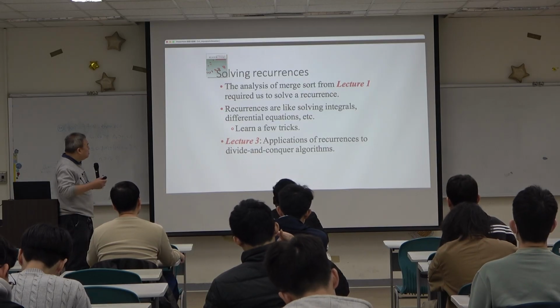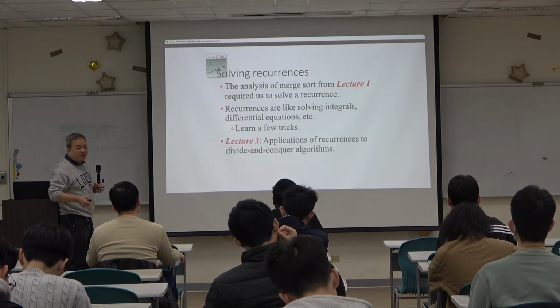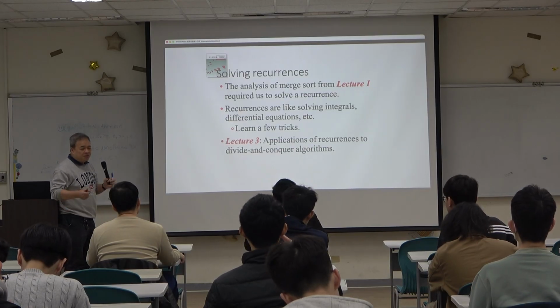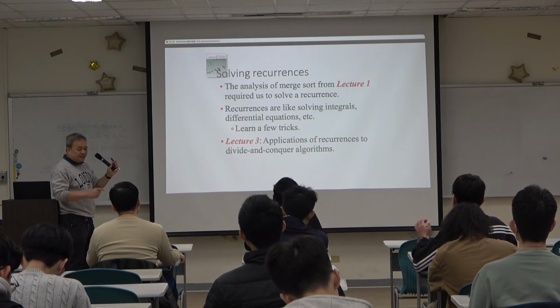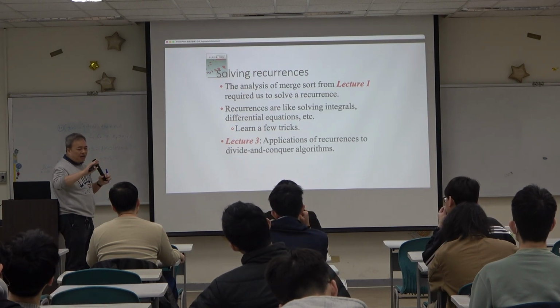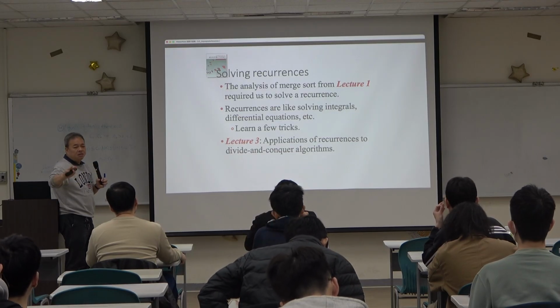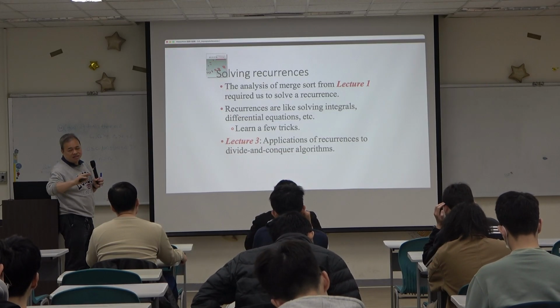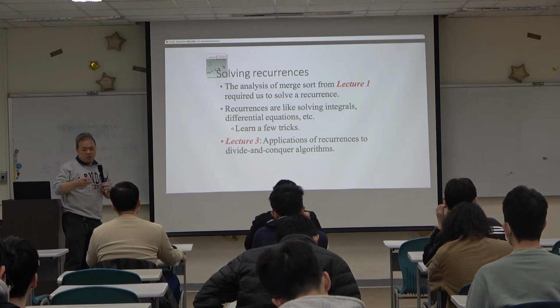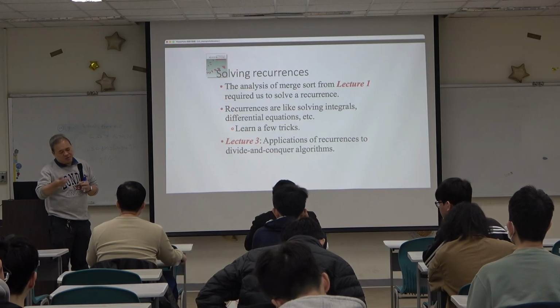So we need to solve the recurrence. What do we mean by solve the recurrence? We have to represent your function f of n only by n on the right hand side. It could be a polynomial, it could involve exponential, whatever.